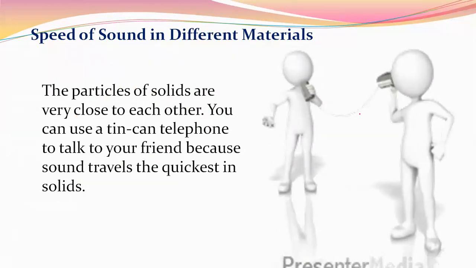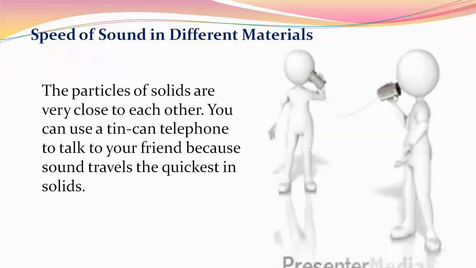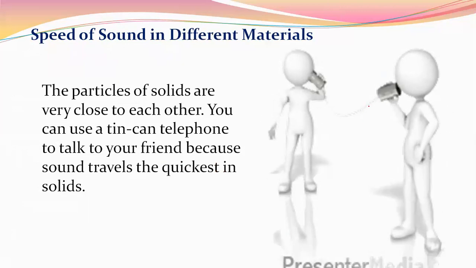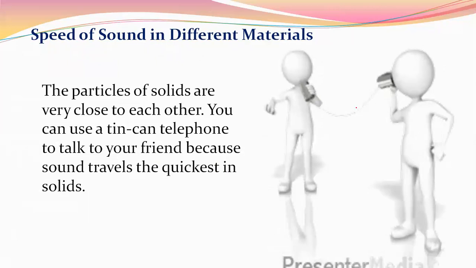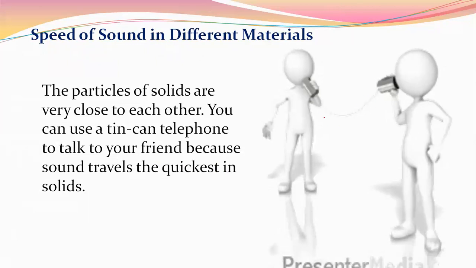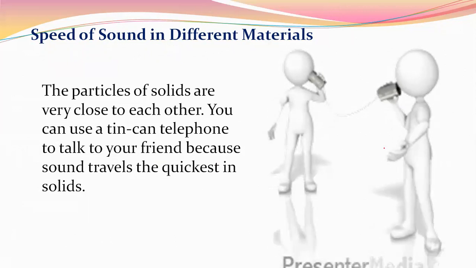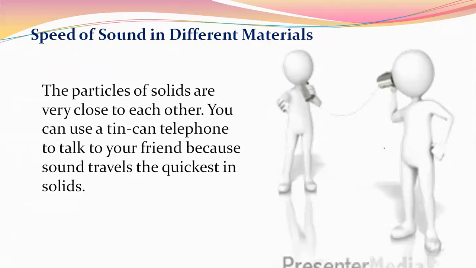So we can make a tin can telephone with two tins and attach them with a thread. This is the thread through which the sound vibrations or sound waves can travel to the other side, and we can hear the sound. So this is the basic technology for making telephones.